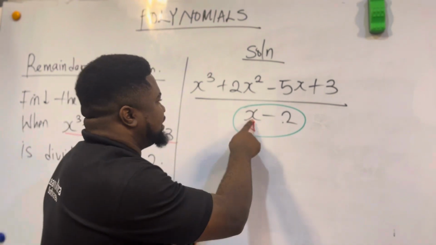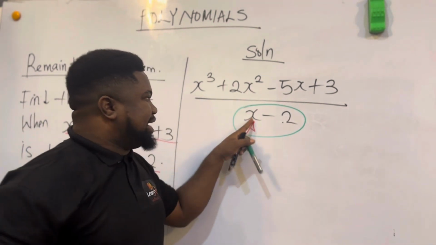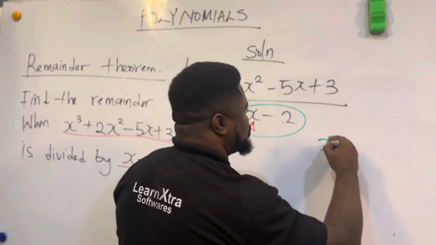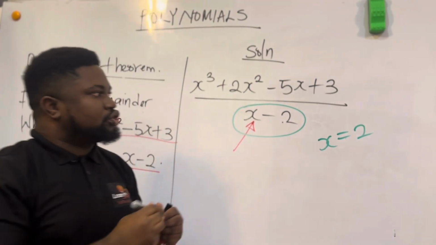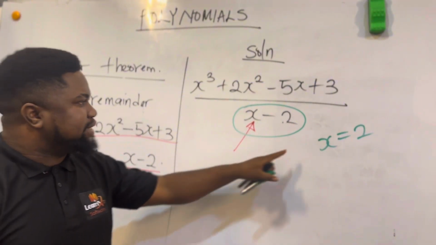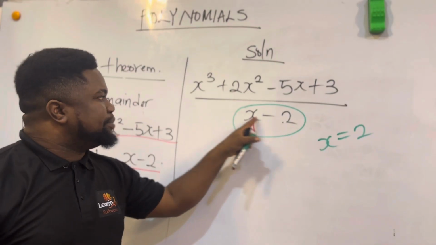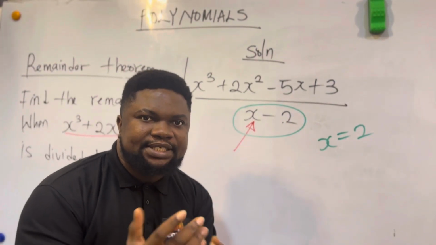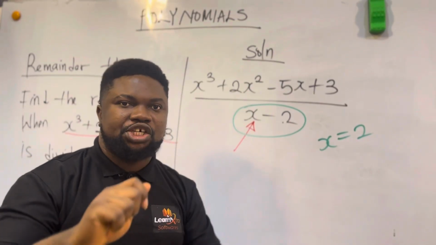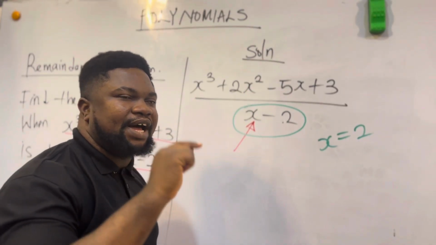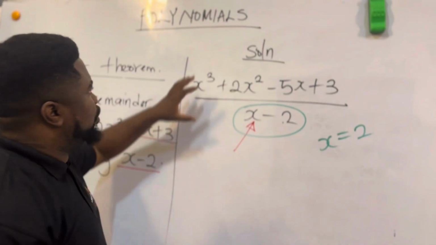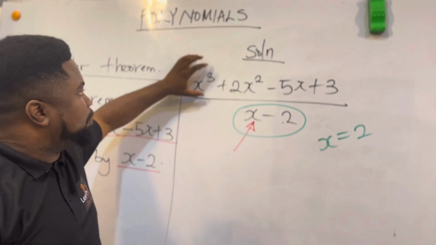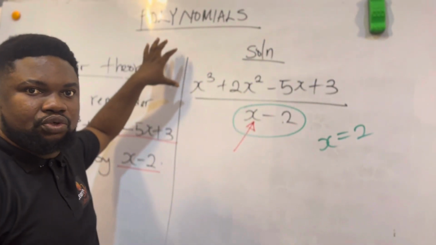So what makes here 0 is when x is equal to 2. So when we place x as 2, the divisor becomes 0. That value of x that makes the divisor 0, use that value and plug it in your polynomial, in the function given to you to divide.